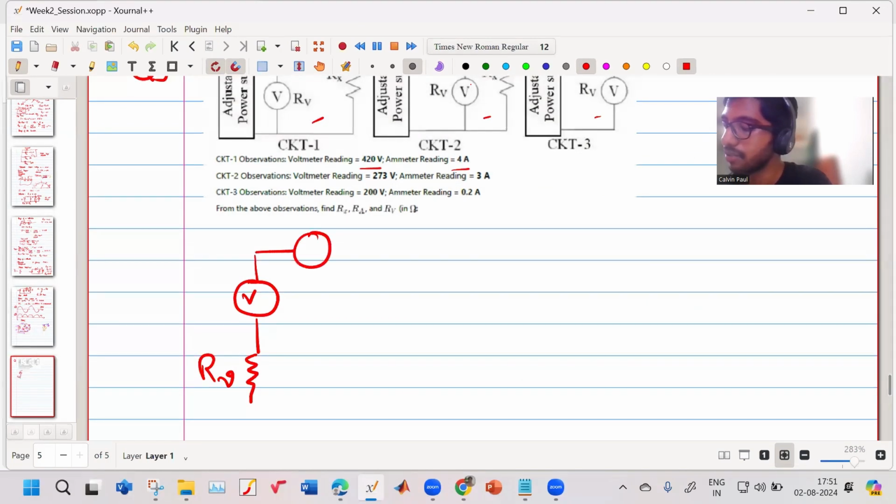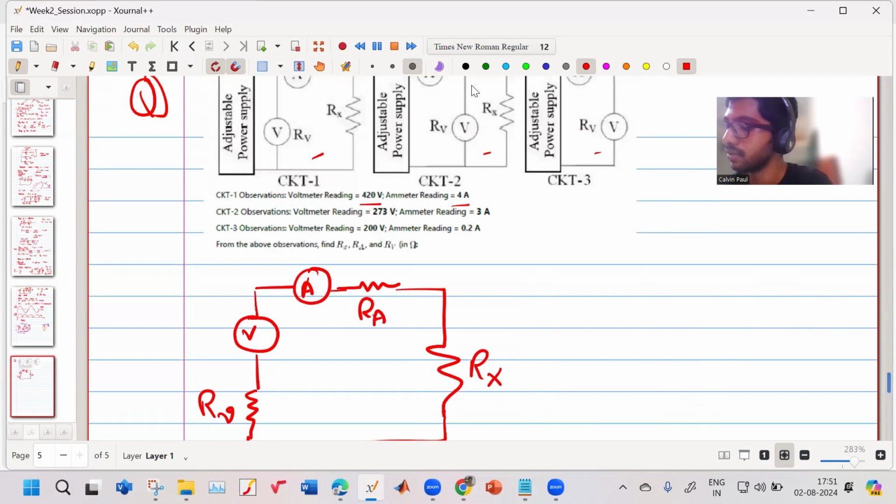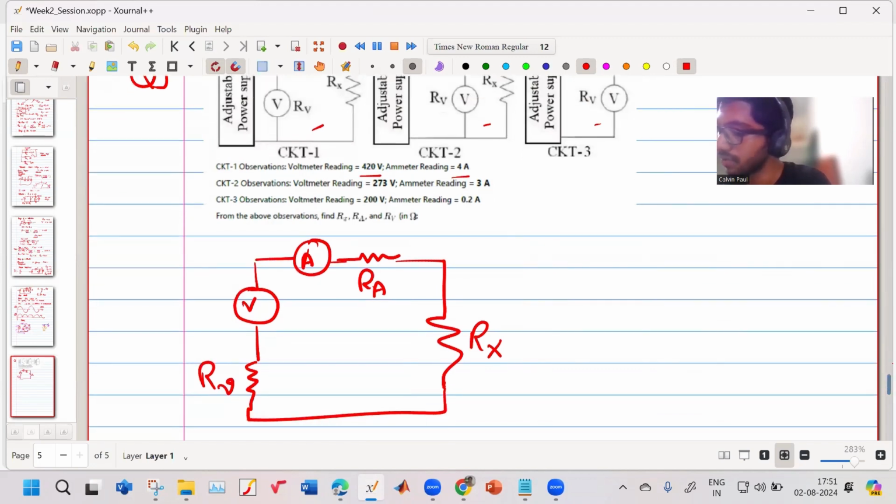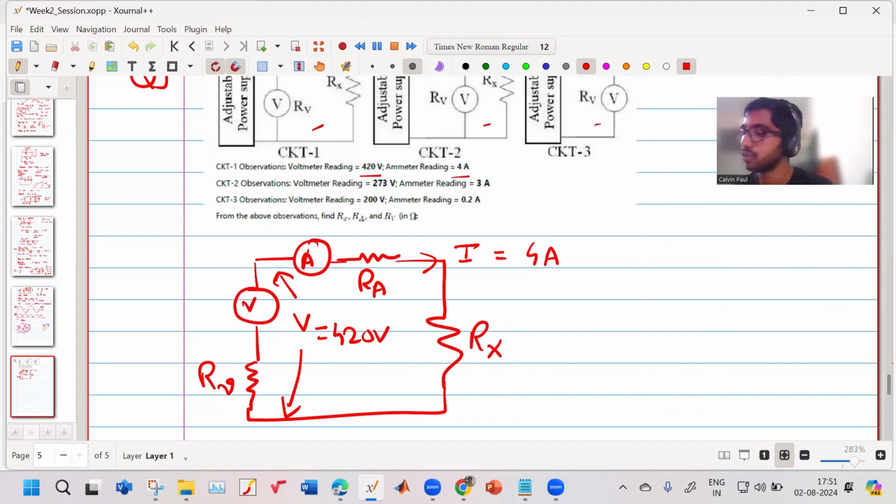This is your ammeter, it has its own internal resistance RA. Then this is my Rx. What information I have is this voltage is equal to 420 volt and this current is equal to 4 ampere.